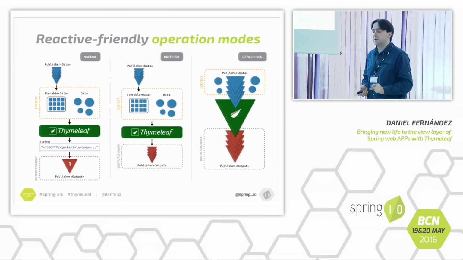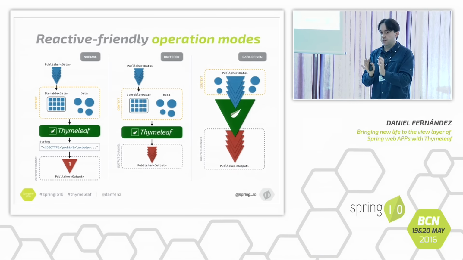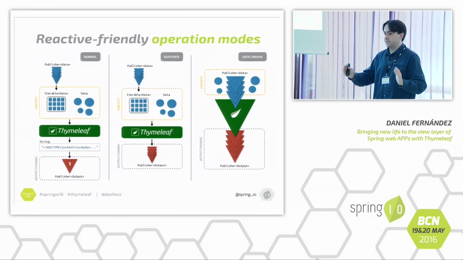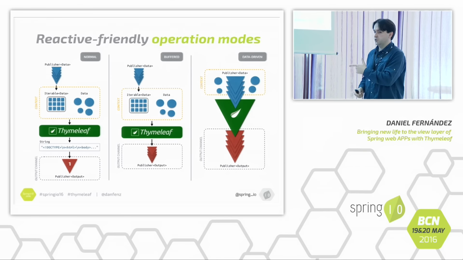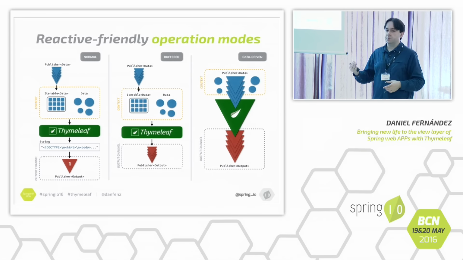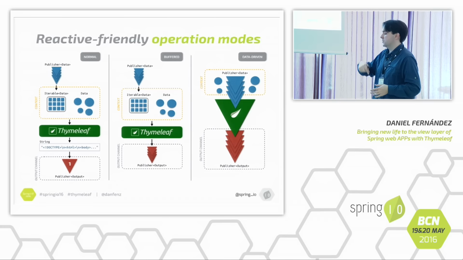We are going to make it able to create buffers of a specific size and send them to the output channels, and the template engine will just create the buffer of that specific size, stop there, send it to the output channel, and wait for the output channel to ask for more. So it will work as a publisher of output, as a publisher of byte arrays, of output buffers. All of this single-threaded. Okay, we don't have to have the template engine working in a separate thread or anything. It will just be single-threaded, waiting for more requests for buffers to come.